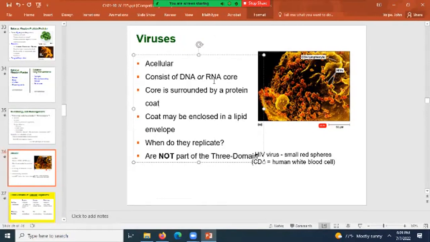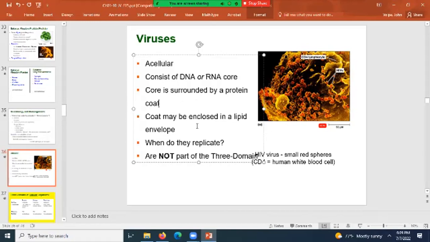And it's a little unusual for a cell to have RNA as its genome. All cells have DNA for their genome. But for viruses, at least half of them have RNA for their genome. All viruses have their core molecule, meaning the DNA or RNA, surrounded by a protein coat.